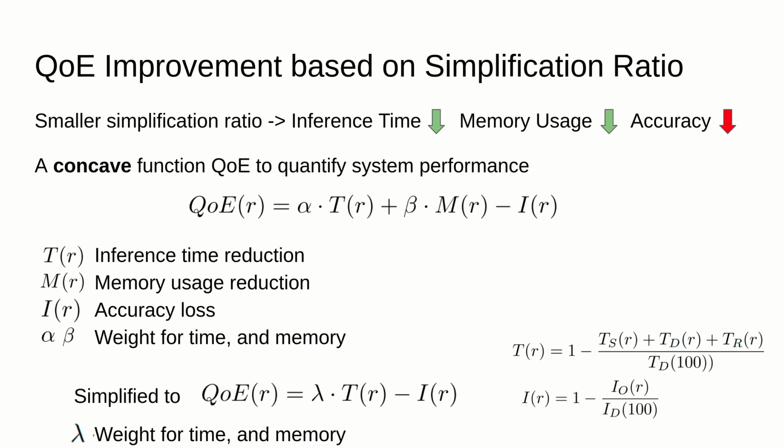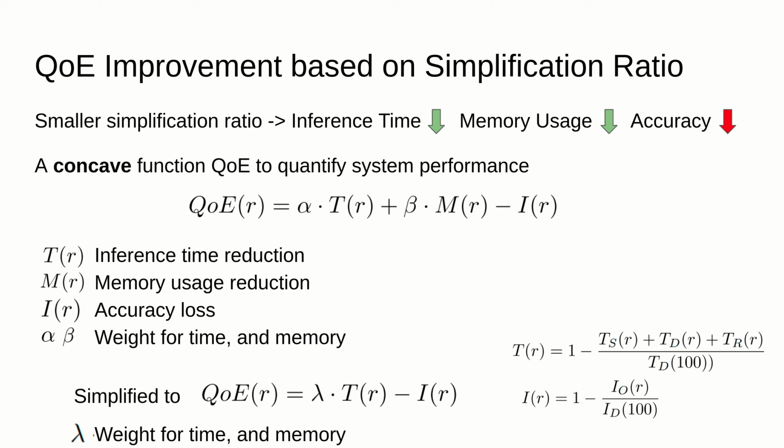It is straightforward to note that the smaller the simplification ratio is, the more improvement of inference time and memory usage. Meanwhile, the accuracy is reduced. We propose a QoE that jointly considers the inference time improvement, the memory usage improvement, and the accuracy loss. Our QoE is a concave function to quantify system performance.